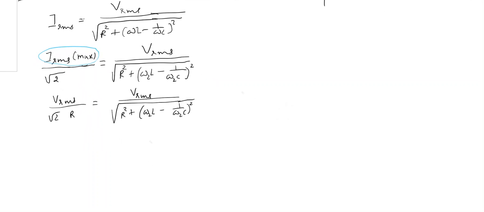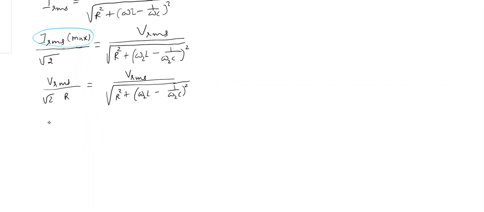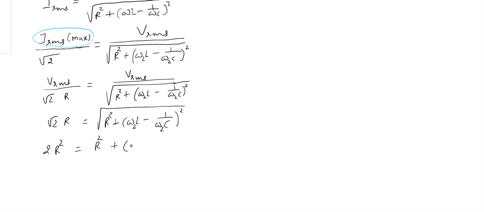So on simplification, let me avoid skipping steps. Root 2R is equal to under root R square plus omega 2L minus 1 by omega 2C whole square. Taking square on both sides, we get 2R square is equal to R square plus omega 2L minus 1 by omega 2C whole square.